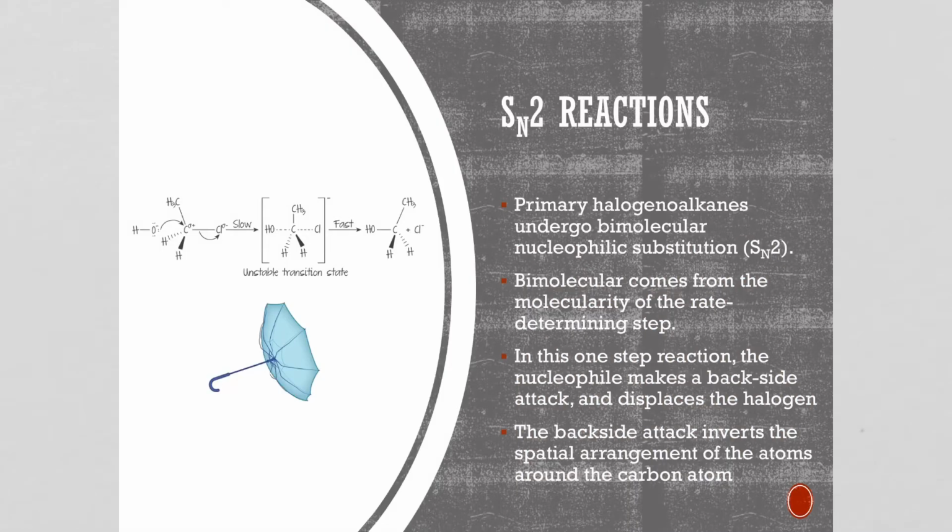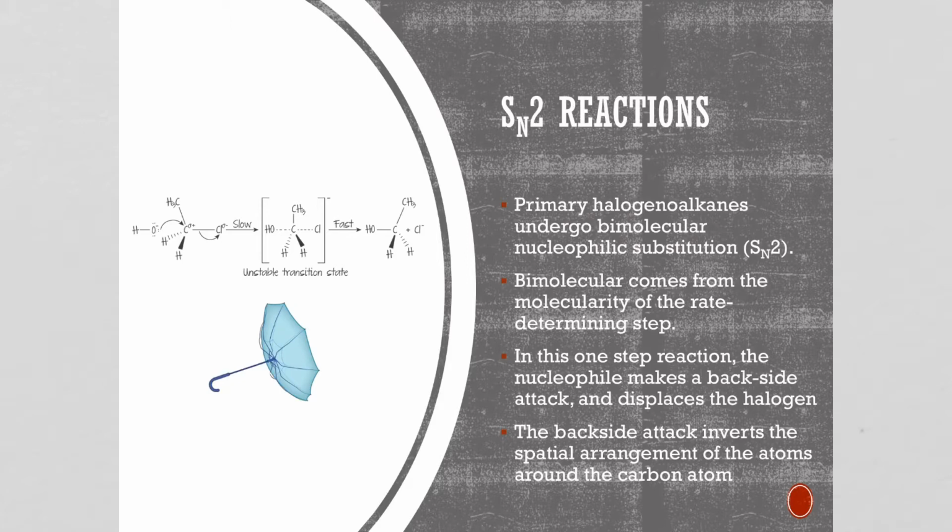So there are two different types of nucleophilic substitution reactions, SN2 and SN1. We'll look at the SN2 reactions first. So SN2 reactions are what happen with primary halogenoalkanes.